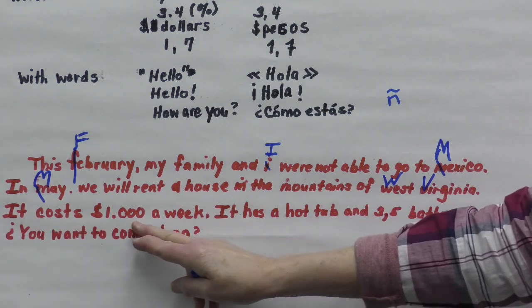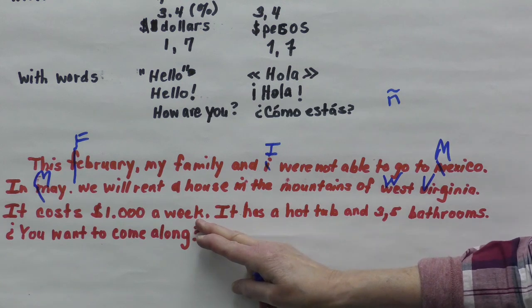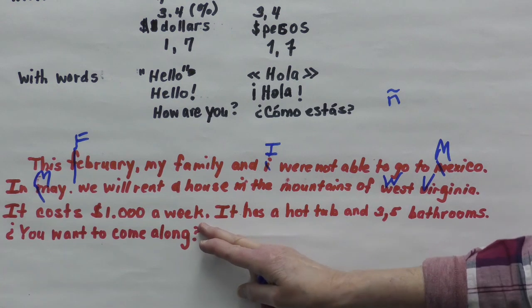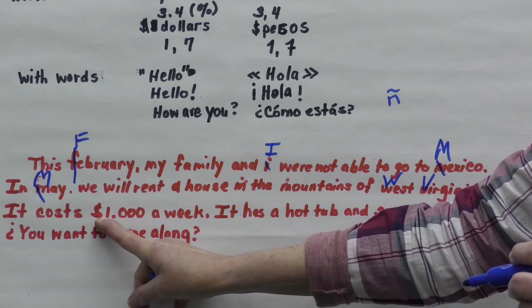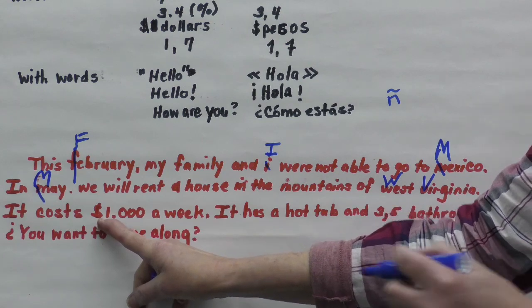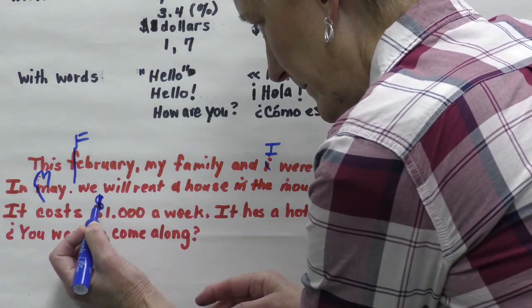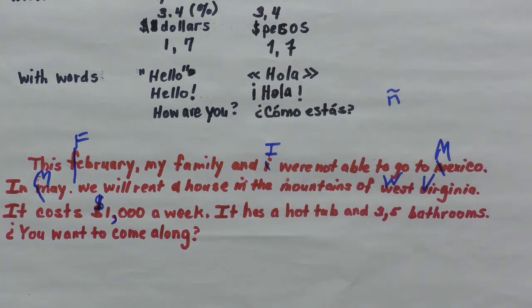It costs $1,000 a week. Okay, what is wrong here? Well, is this dollars or pesos? That's pesos. So we have to change it to dollars. We also have to change that.